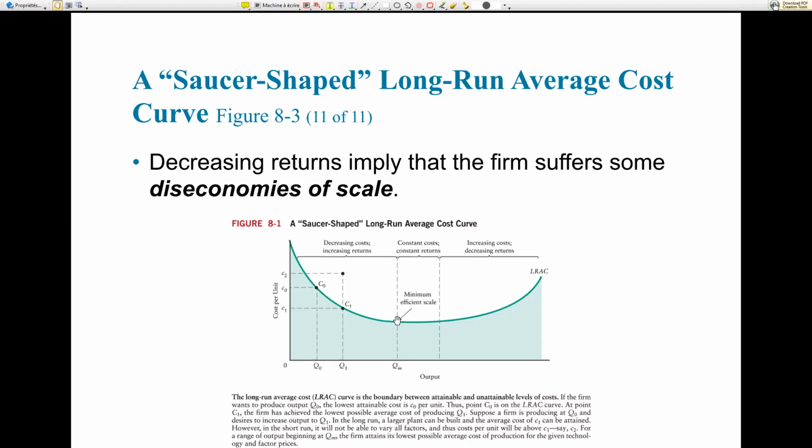Here, that's the minimum, the best place I can have, where my cost per unit is the lowest, and then there's increasing costs and decreasing returns. Okay, so it's like describing the curve, not necessarily the points on the curve. Yes, exactly. I'm describing what happens when I increase from Q0, Q1 to QM, to Q10, I don't know. So I'm describing where I'm going on the curve.